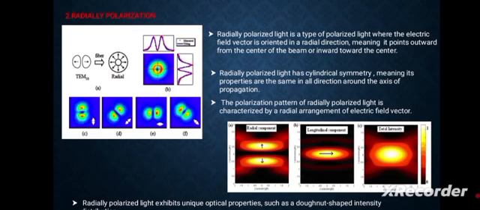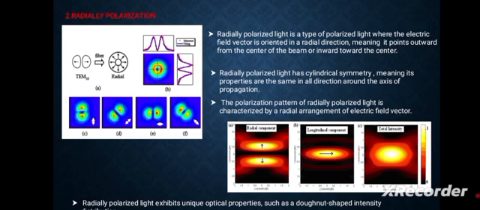Radial polarization. Radially polarized light is a type of polarized light where the electric field vector is oriented in a radial direction, meaning it points outward from the center of the beam or inward toward the center.